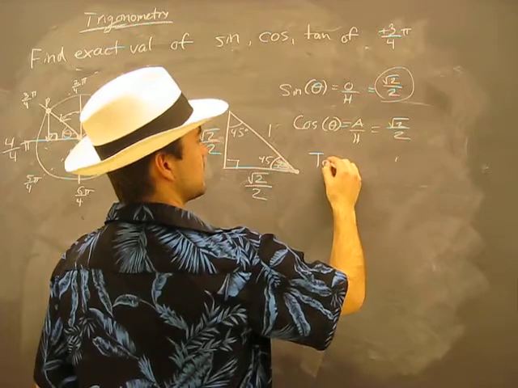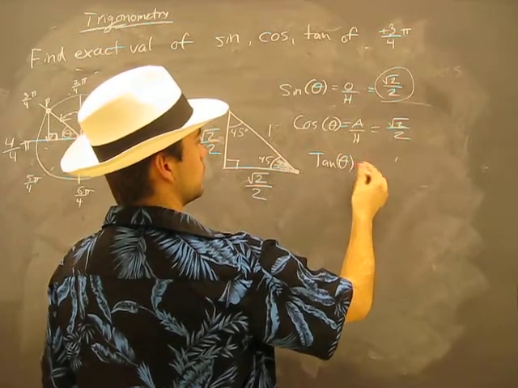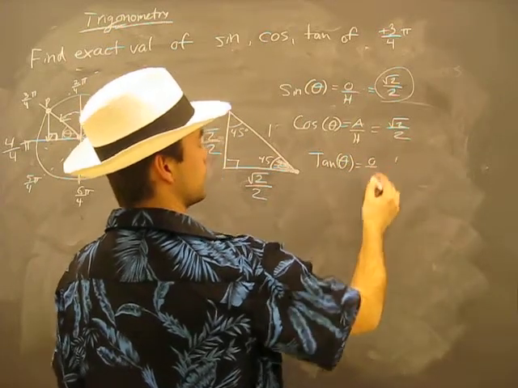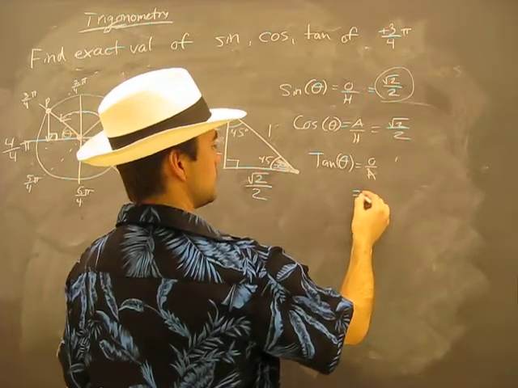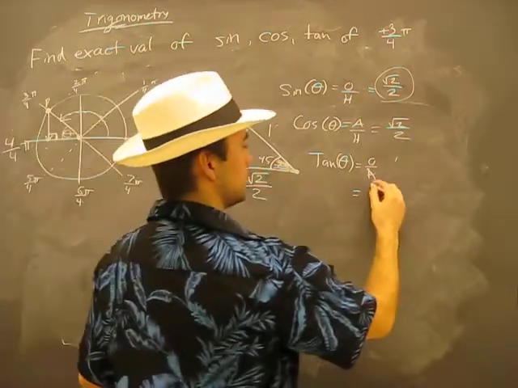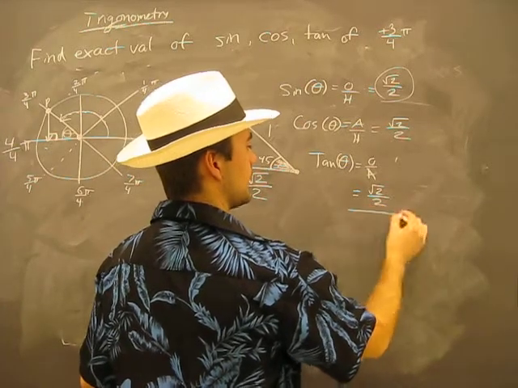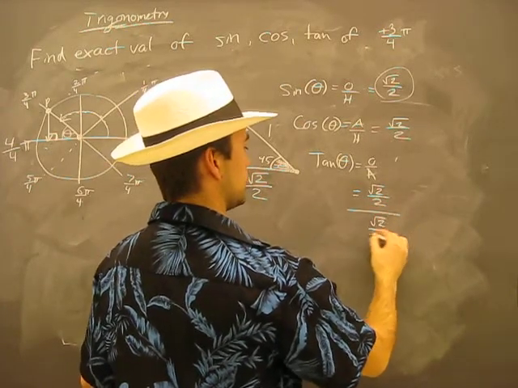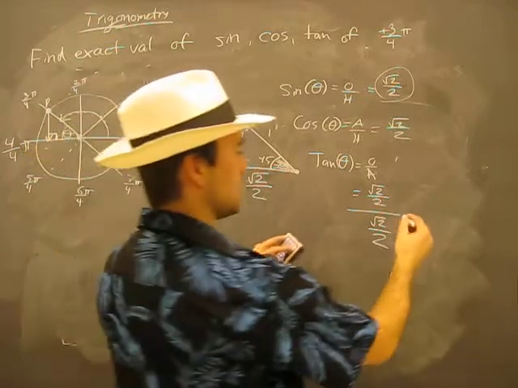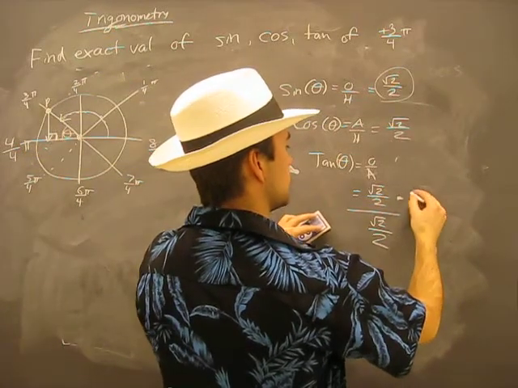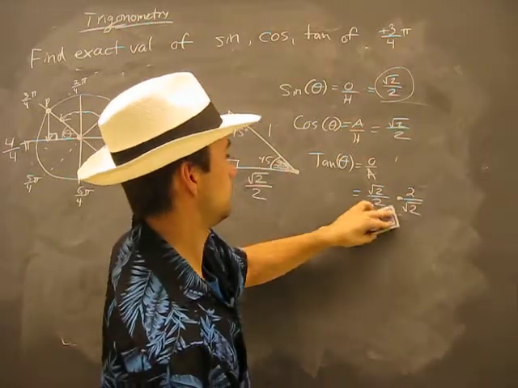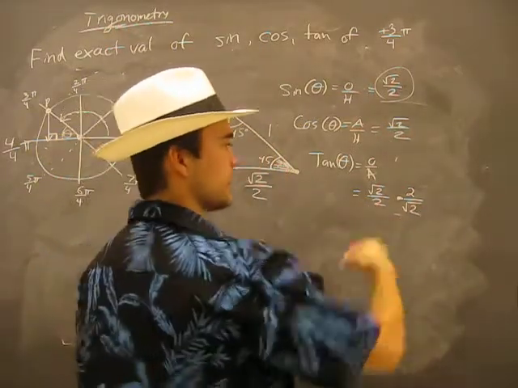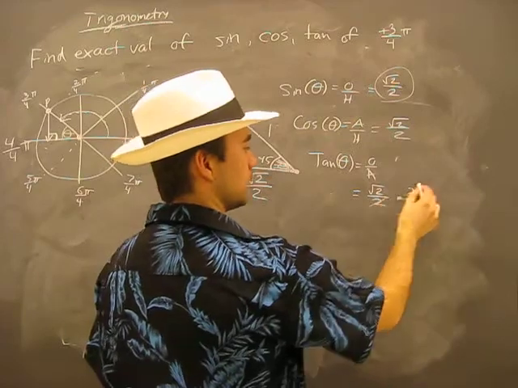And then tan of theta will be opposite over adjacent, which is the same as root 2 over 2 divided by root 2 over 2. Well, I don't like showing my fractions like this. I'll multiply by the reciprocal, just so I can see it better. Keep it to what we know, grade 8 math. Look, we can cancel this out. 2 over 2 is 1.